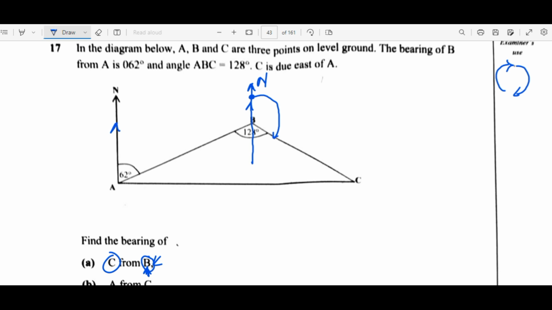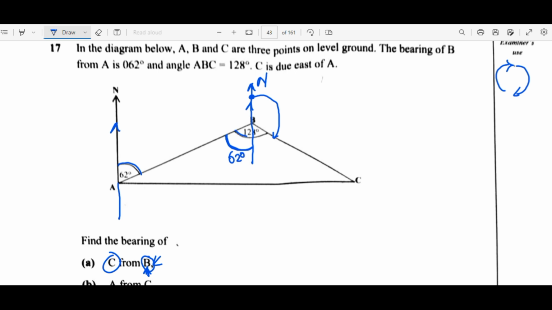Okay, so if this is the bearing that we want, what number is here? So how can we find this number? If we extend, we have alternate angle. We said if this is 62, then this angle must be equal to 62. So we put 62 here.